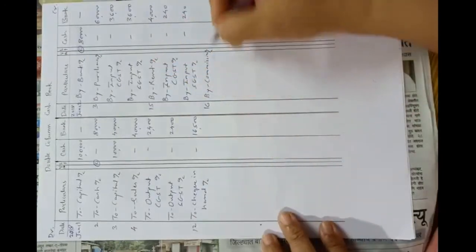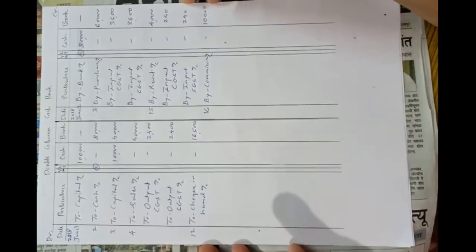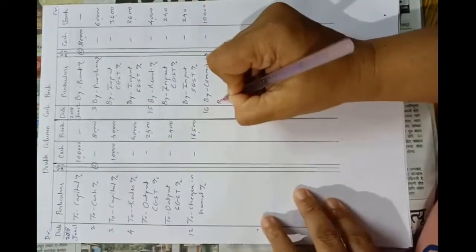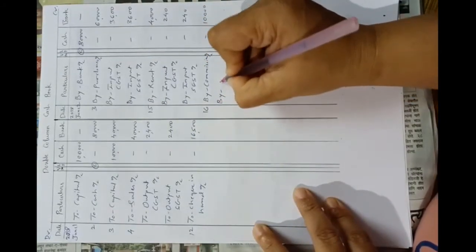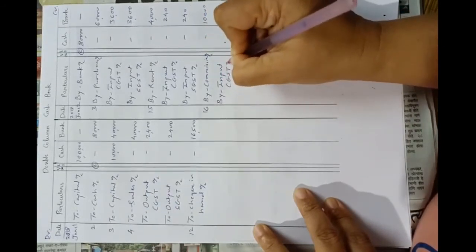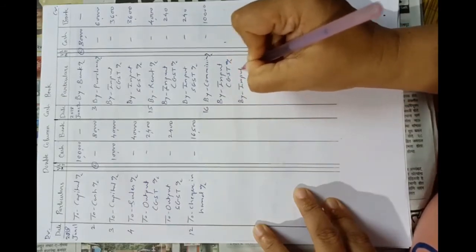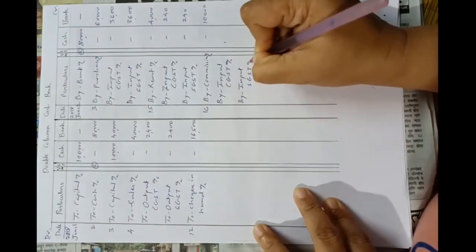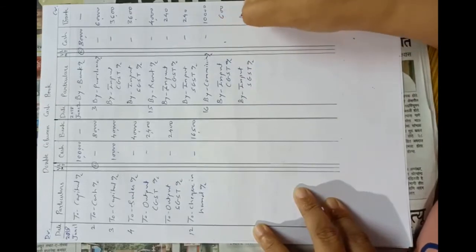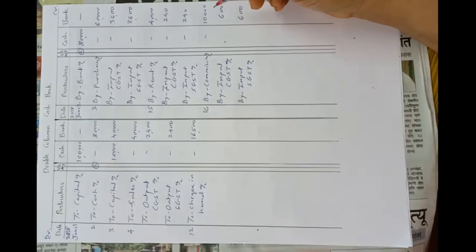Here by commission 10,000, by input CGST account, 600 and 600, total 11,200 as per the given amount was paid as commission by check.